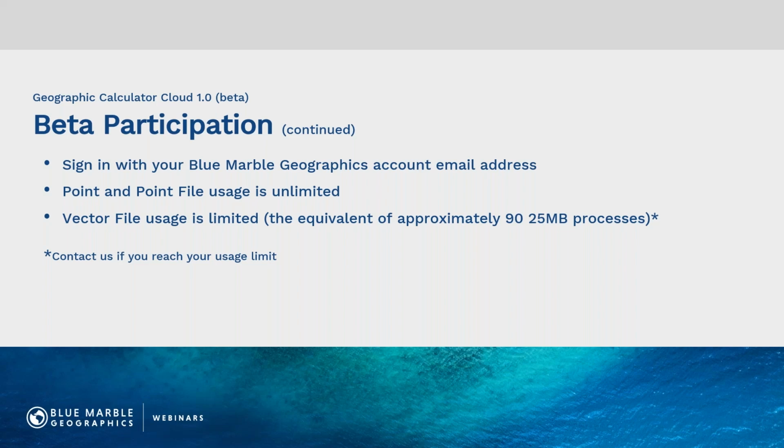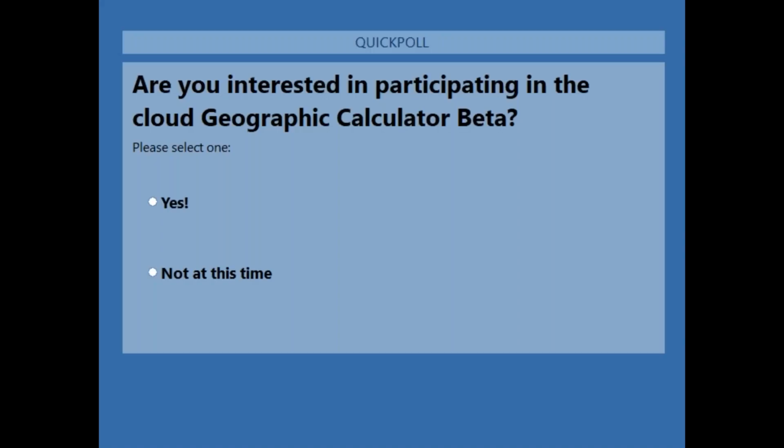So we have a participation poll. Sam's going to pop that up. And we would just want to know, are you interested? Do you think you'd be interested in participating in this beta testing period? And so, is the poll up? Yeah, it's running.